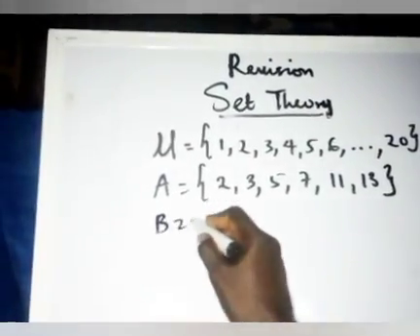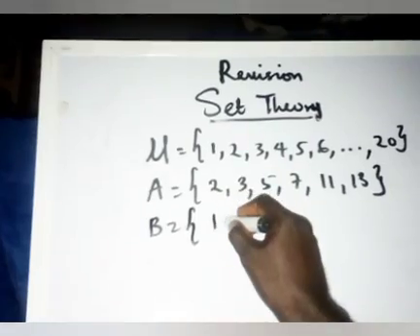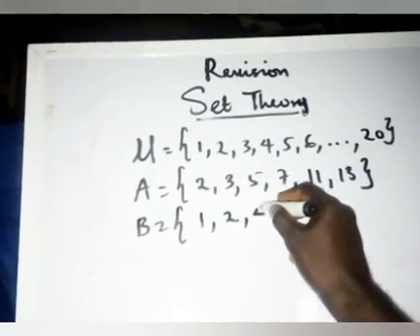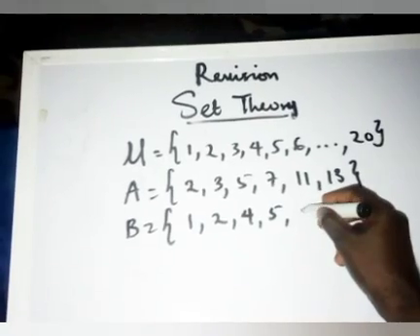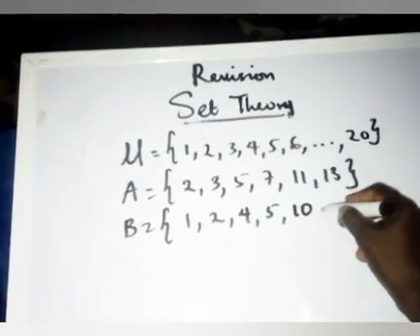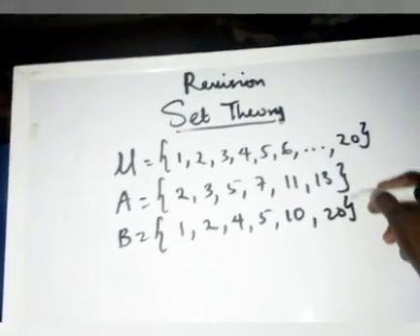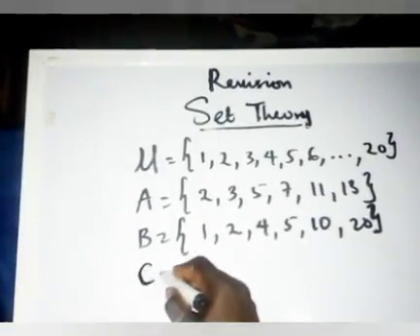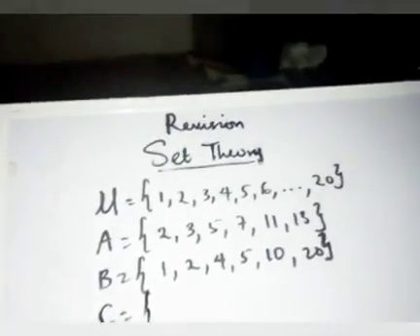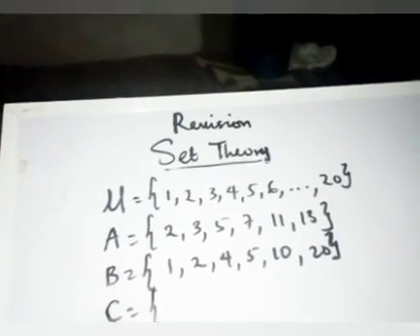Then B, factors of 20, include 1, 2, 4, 5, 10, and 20. These are the factors of 20. Then C, perfect squares less than 20.